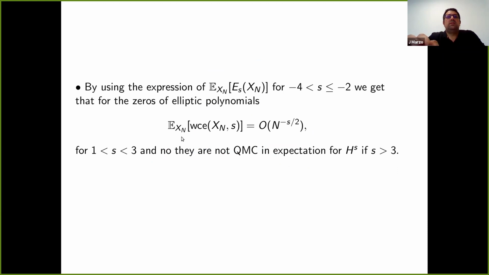Then you will get that the expected worst case error is of the right order. So it's a QMC configuration, these x_n's, the zeros of these elliptic polynomials, for s between 1 and 3. So they are kind of as good as minimal logarithmic points somehow. And not further.